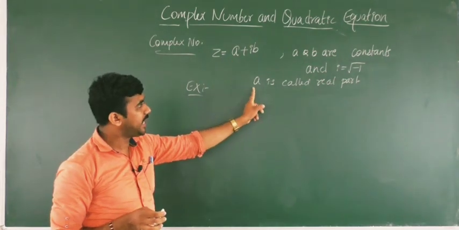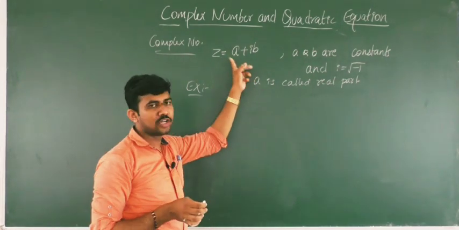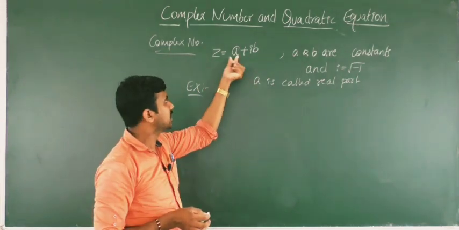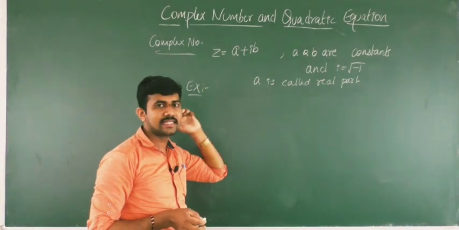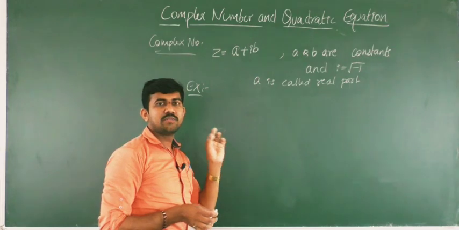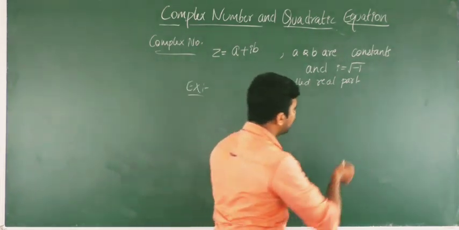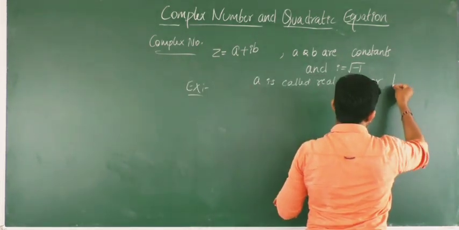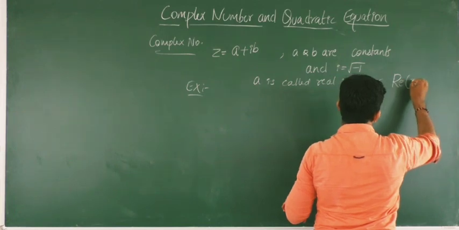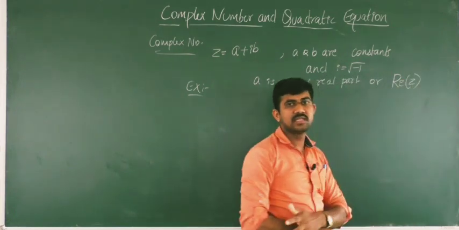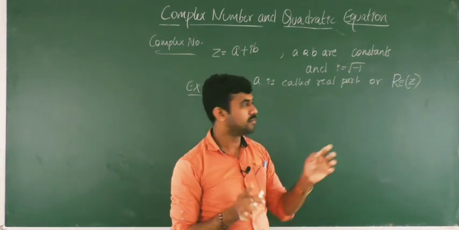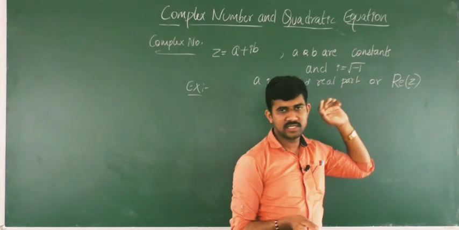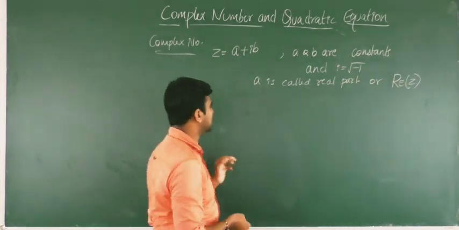Then a is called the real part of this complex number, or we can write it as Re of z. Re means real, of z means the real part of z. Like that you can read.